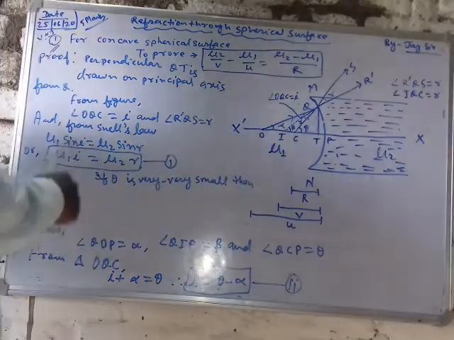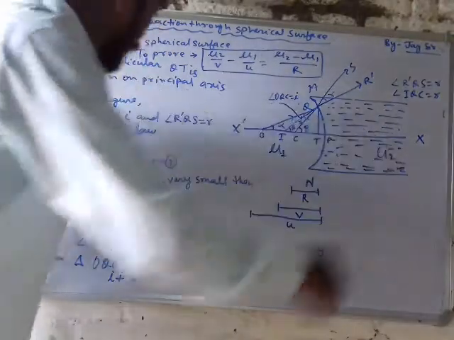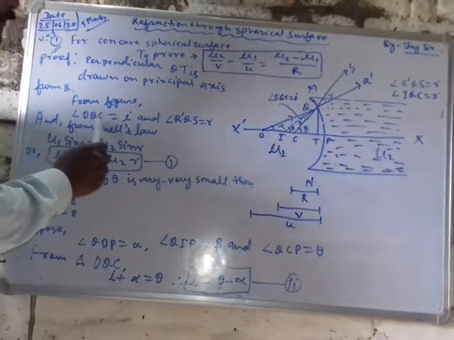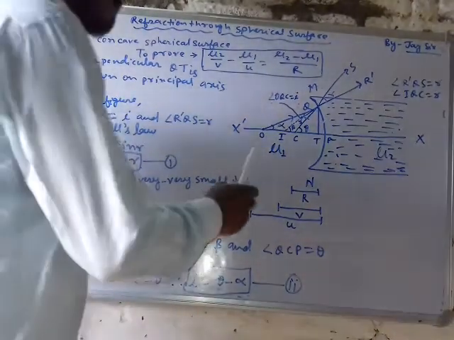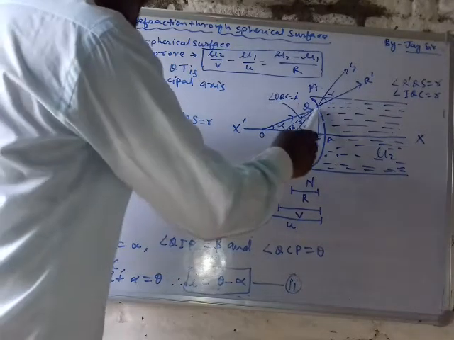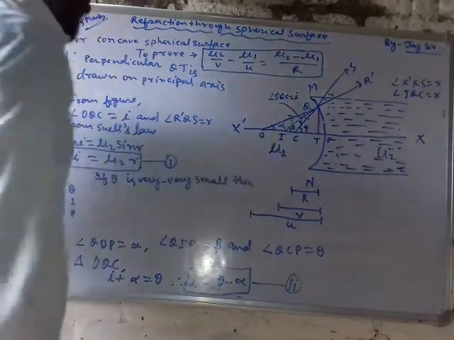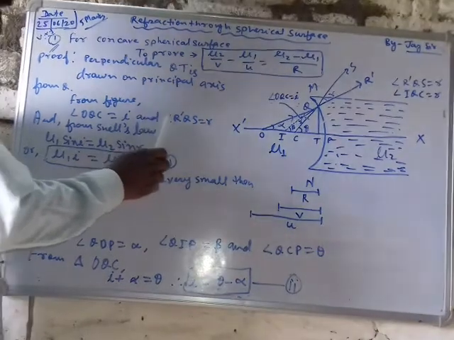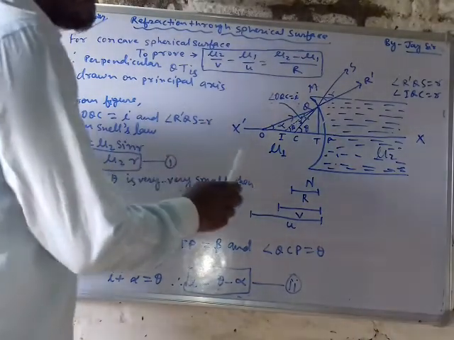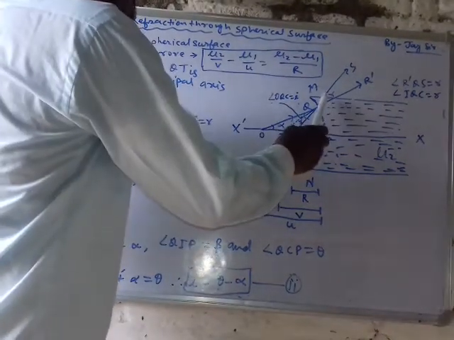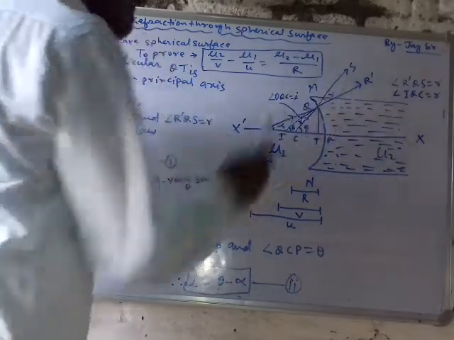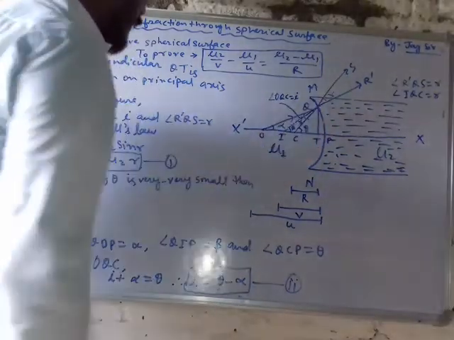Now from this figure, angle OQC equals i, that is the angle of incidence, and angle r dash QS equals r, that is the angle of refraction.